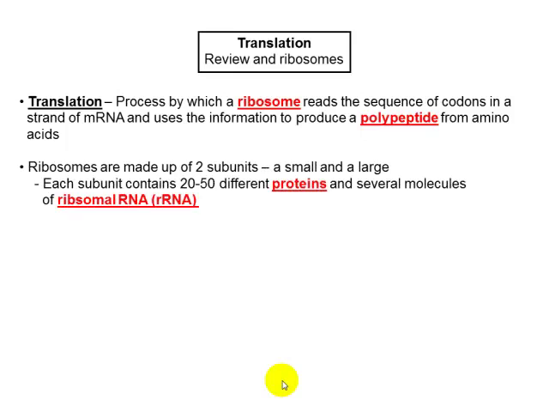The ribosomes are made up of two units: a small subunit and a large subunit. Each subunit contains many different types of proteins associated with it, and is also composed of several molecules of ribosomal RNA.